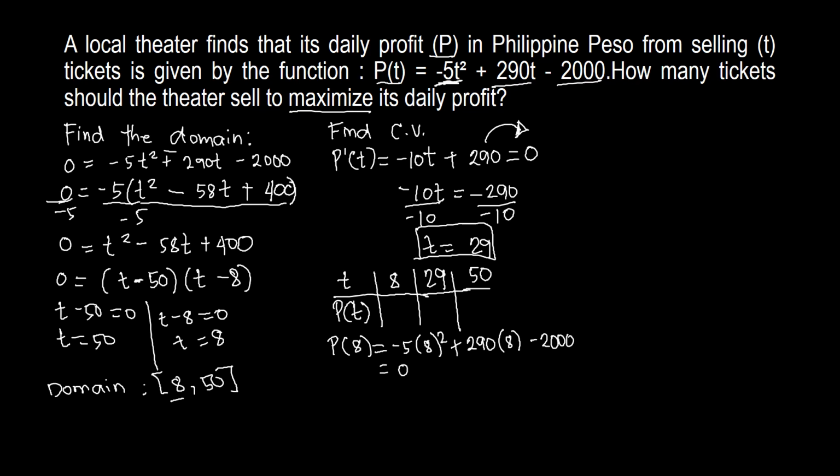And then we have p of 29. That will be equal to negative 5 times 29 squared plus 290 times 29 minus 2,000. And solving for that, that will be equal to 2,205.